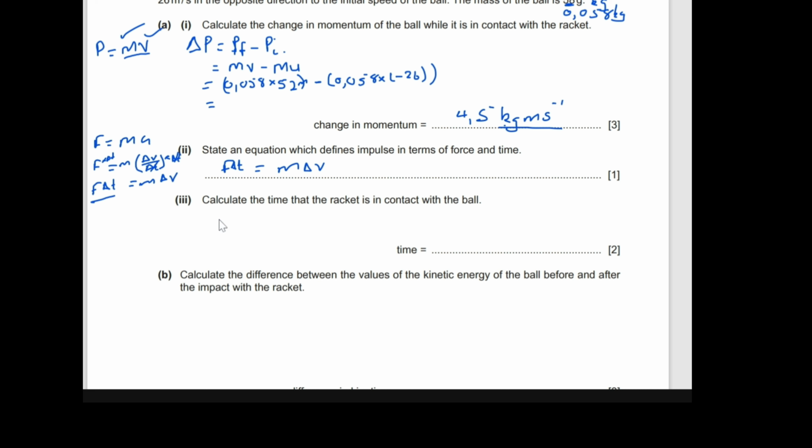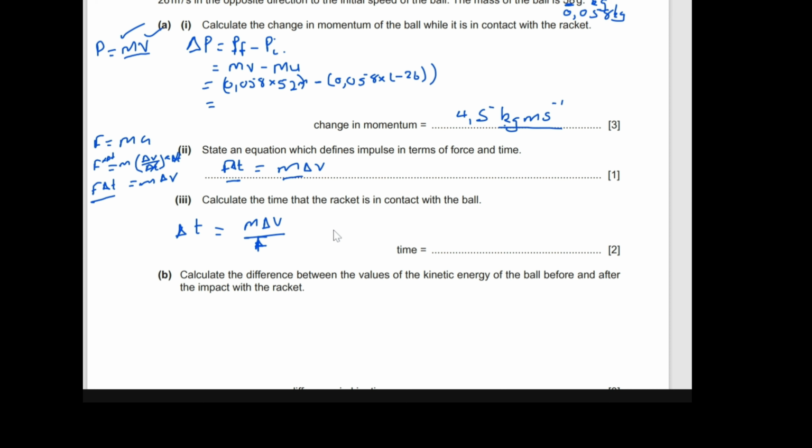It is very easy from the formula that we have there. We know that force times time is equal to mass times change in velocity. Therefore, we make time the subject of the formula. The change in t here is equal to m change in v over F, which is the force.